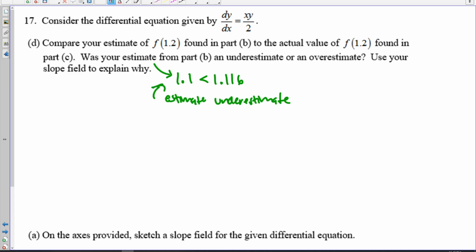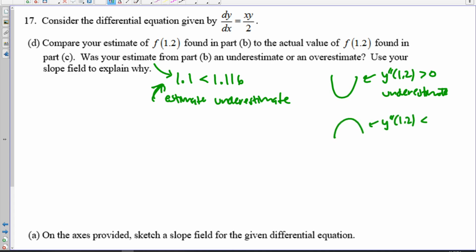Remember, when we're using tangent line approximations, if your second derivative, y double prime at 1.2, is positive, then you have what's called an underestimate. If your second derivative at 1.2 is negative, then all your tangent line approximations are going to be above the actual value. Here all your tangent lines will be below the actual value.